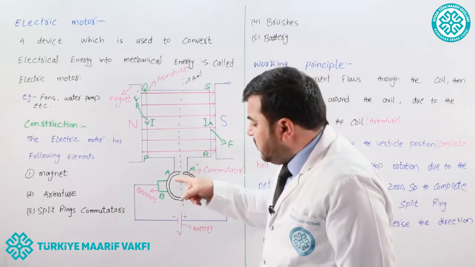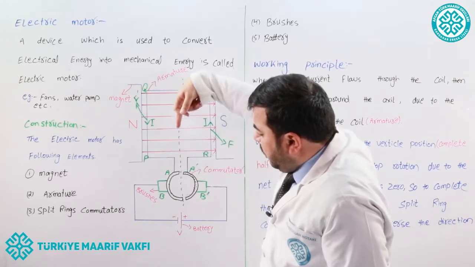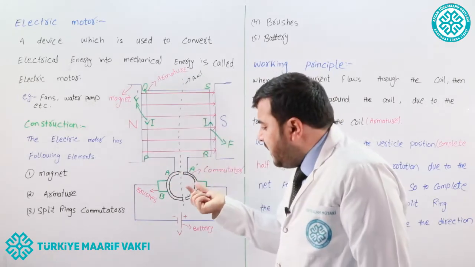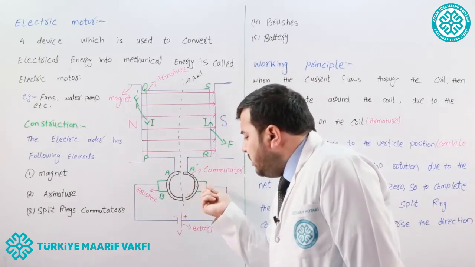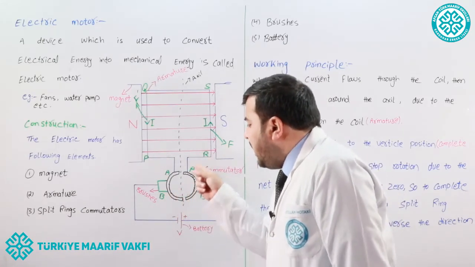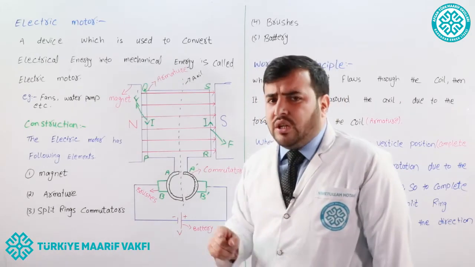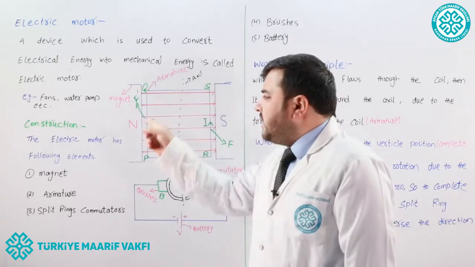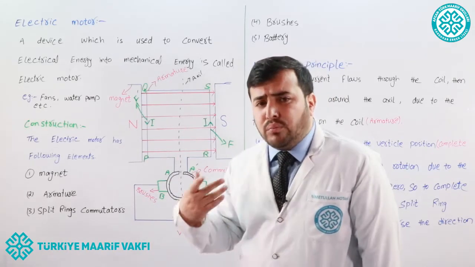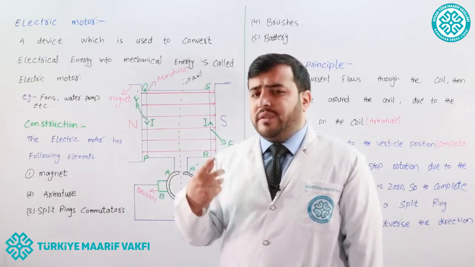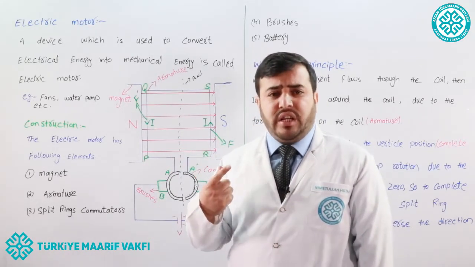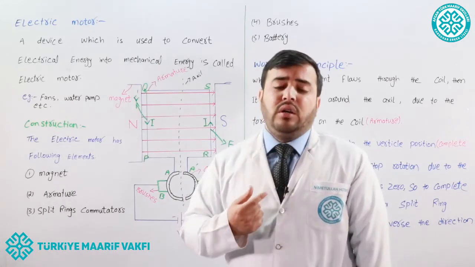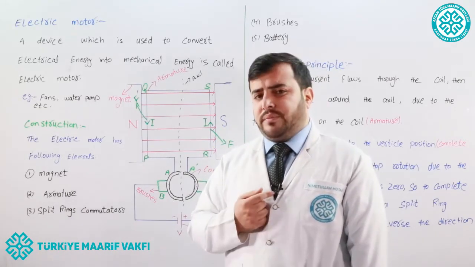So in this section, the current is flowing towards the commutator, and here when it comes, the current will flow away from the commutator. In this way the direction of the current will be reversed within the motor, and as we have discussed, when the direction of the current is reversed, the direction of the force also becomes reversed.